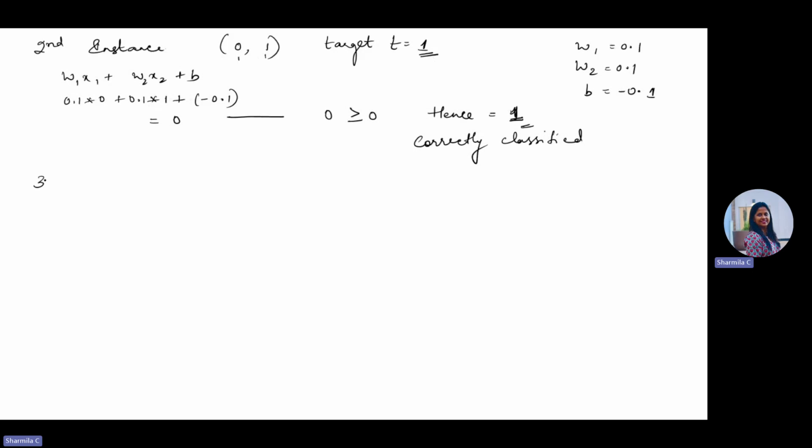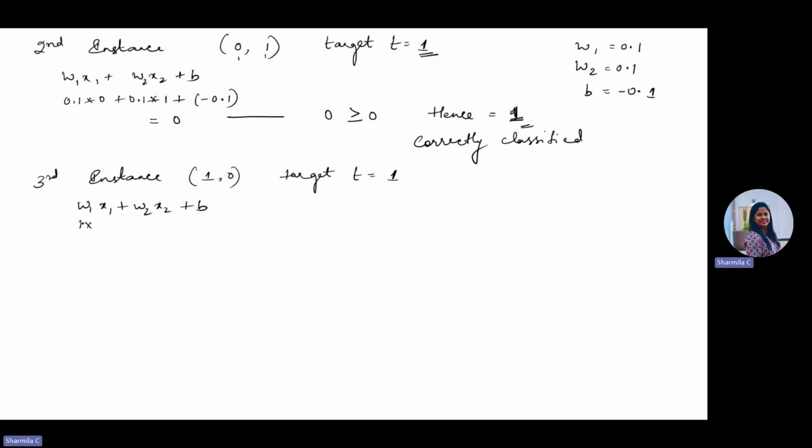So we'll see whether the new updated weights work fine for the third instance. So consider the third instance, when it is 1, 0. The OR function outputs t equals 1, the target output. So W1 into x1 plus W2 into x2 plus the bias value.